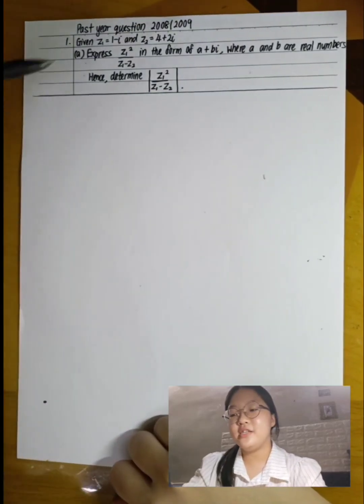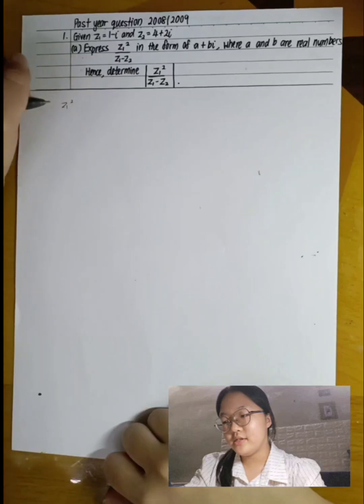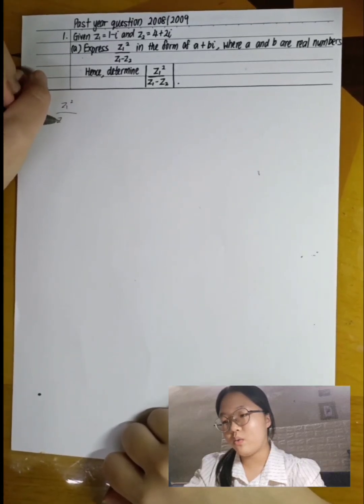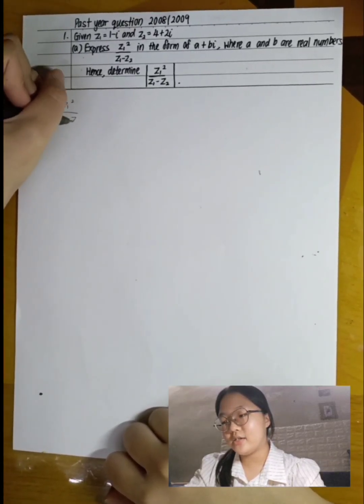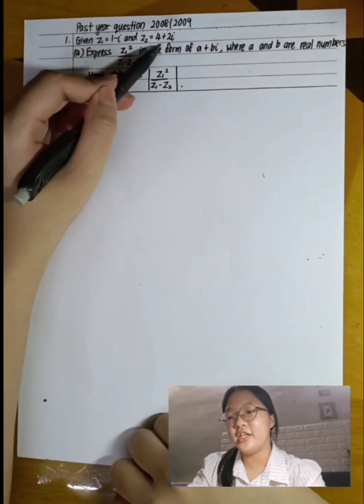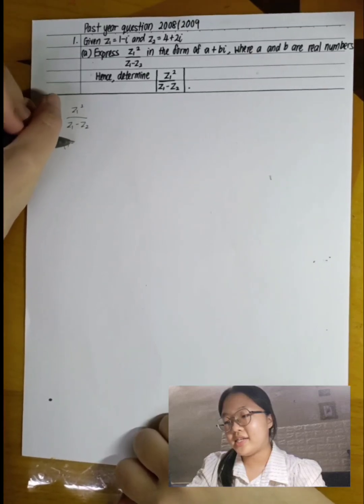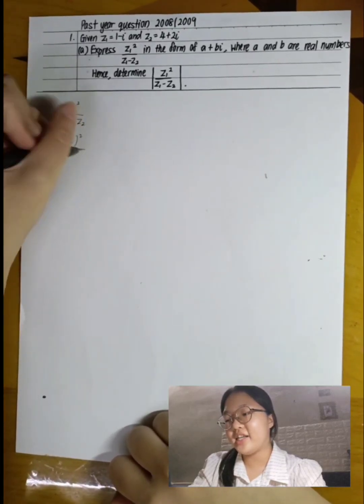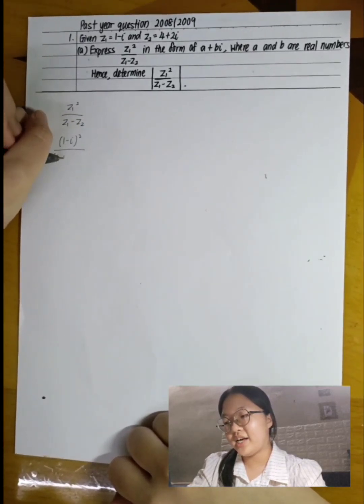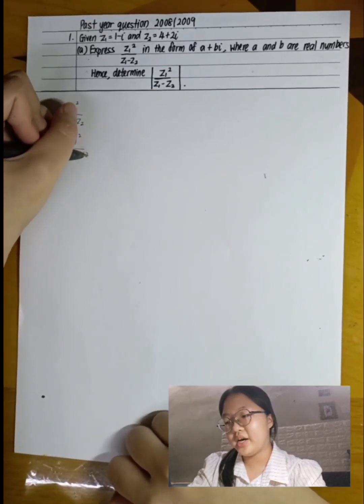So, first we rewrite this question: z1 squared divided by z1 minus z2. So we substitute these two values into this equation. So (1 minus i) squared divided by (1 minus i) minus (4 plus 2i).